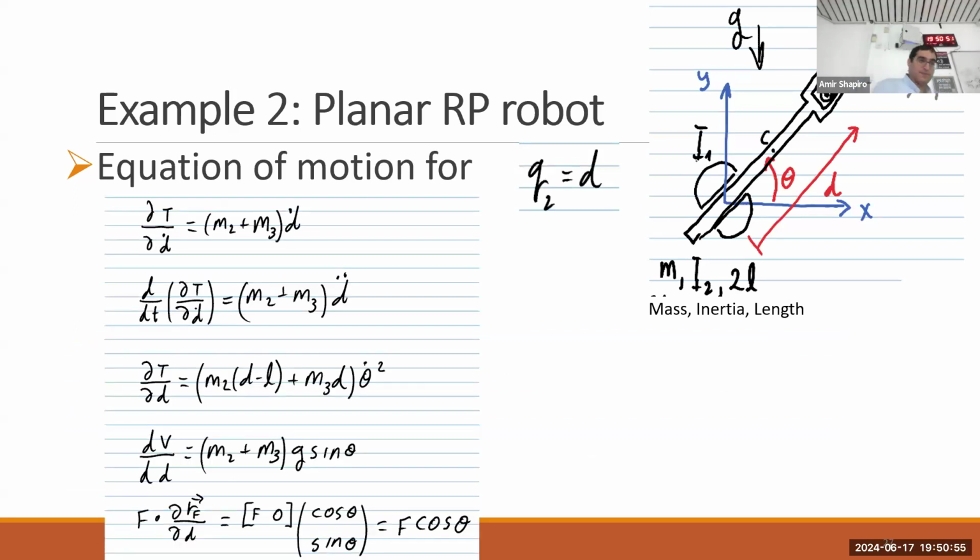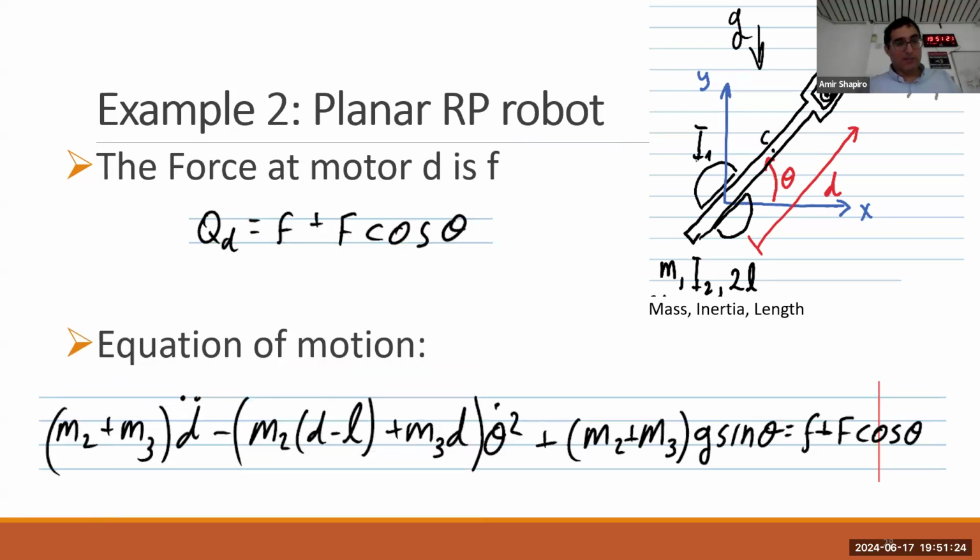Then we need to take the derivative of V with respect to d, and this is it. Again, we take F dot ∂r/∂d. We took the derivative with respect to d because it was d cosine theta and d sine theta. So it is F cosine without the d.